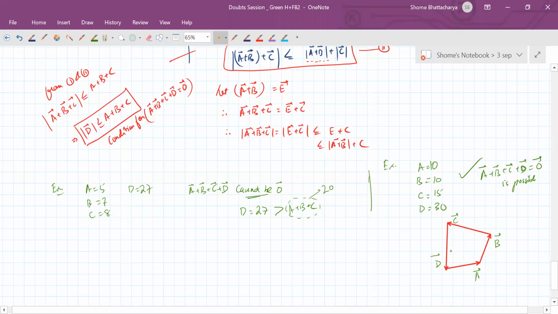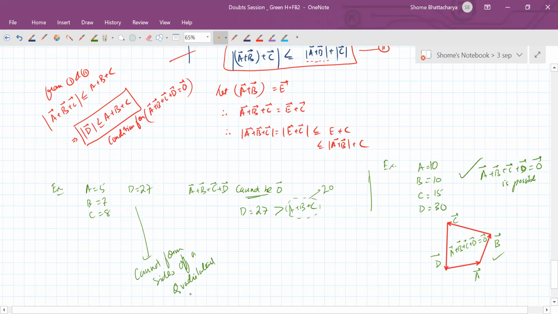So this is a case where, but in this case you can see that these cannot form the sides of a quadrilateral.